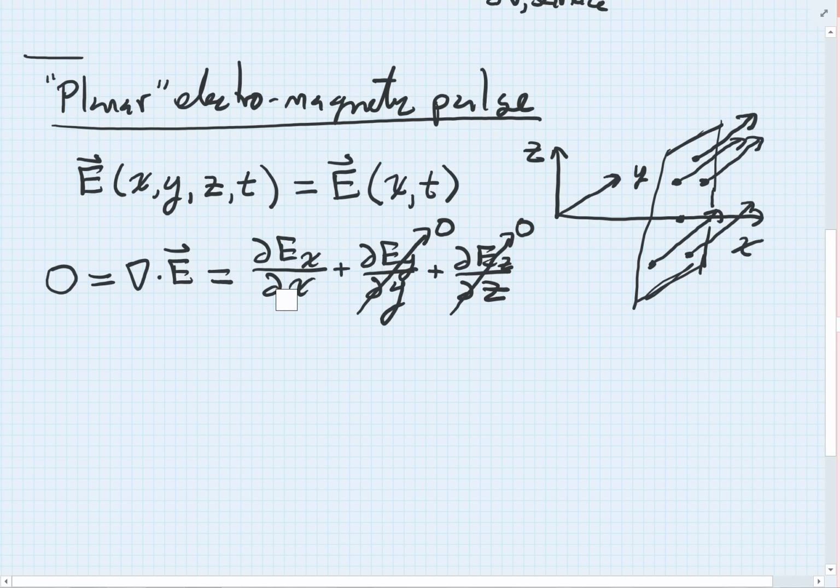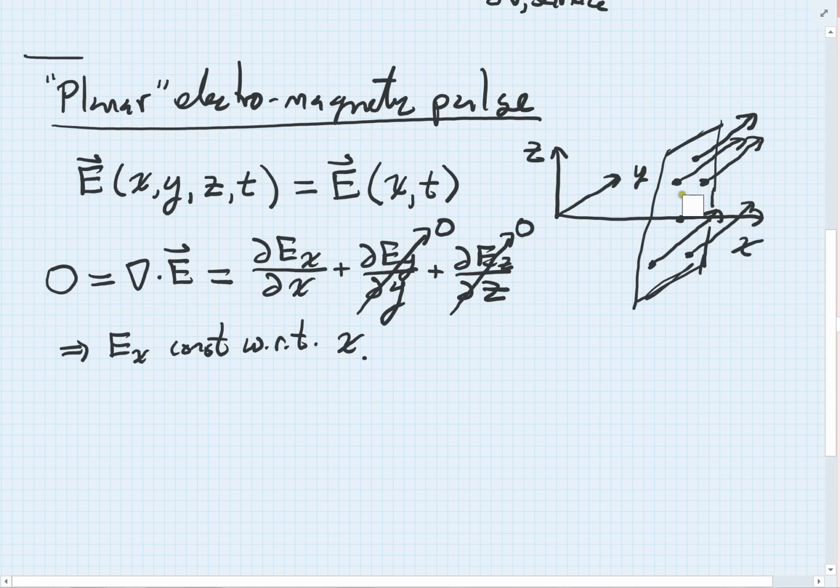Now, this is a very interesting result. The x component of the electric field we see has no derivative with respect to x. Its derivative is 0. That implies then that the x component of my electric field has to be constant with respect to x. Now that's a very powerful statement if we think about that. What that means, constant with respect to x, really means completely constant.